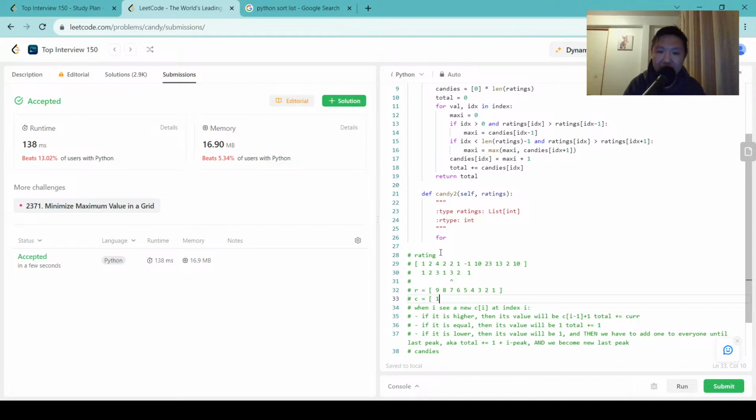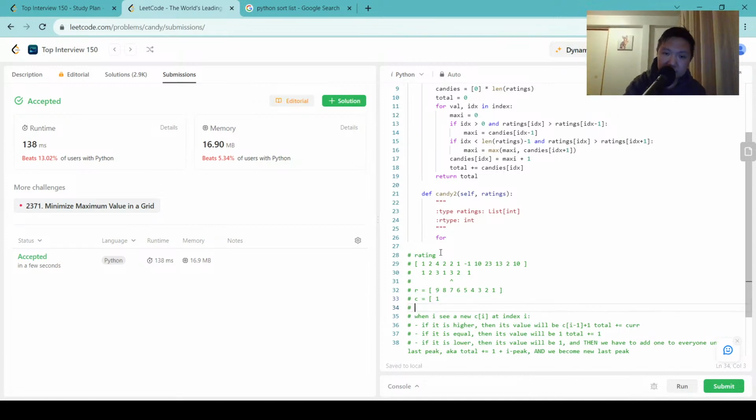First, you see 9, you give it a value 1. Okay, so you go to the next person.